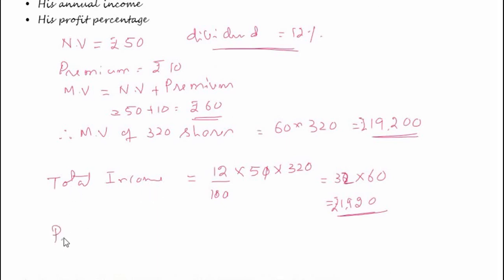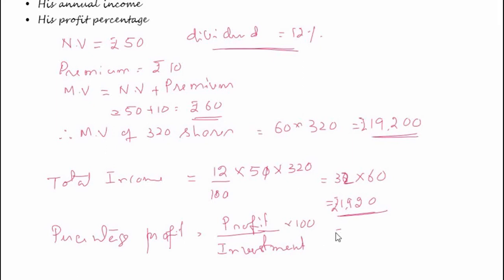So percentage profit, how do you calculate? It is profit divided by investment into 100.